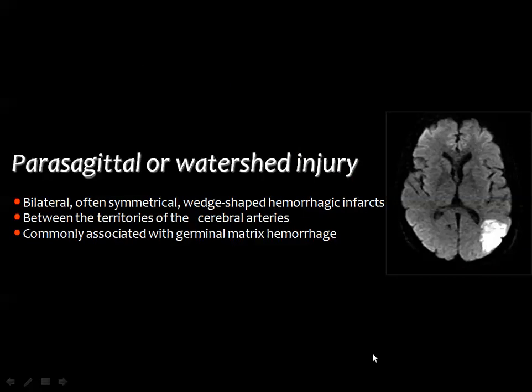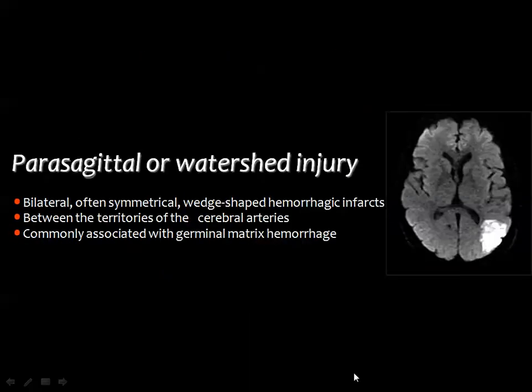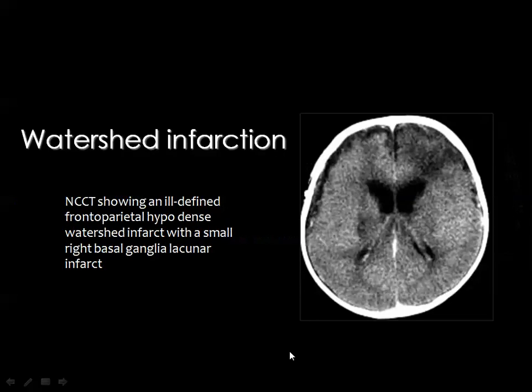And this is a watershed infarction. If you go to the drawing, it occurs here between the middle and the posterior cerebral. And here, this is a wedge-shaped area of abnormal signal intensity between the middle cerebral and the posterior cerebral territory.